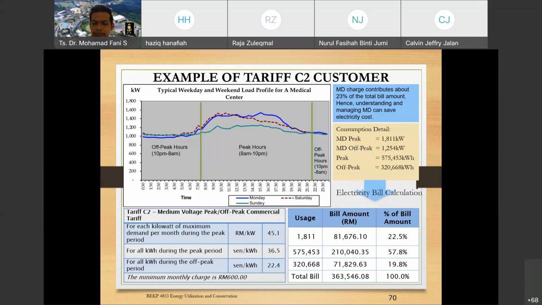What is the affordable tariff for this kind of load profile, load pattern, like this hospital? Please update and calculate, comparing from C2 to C1.